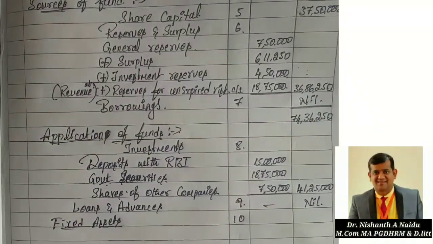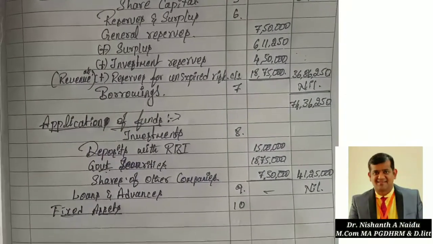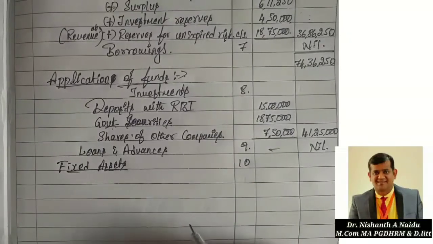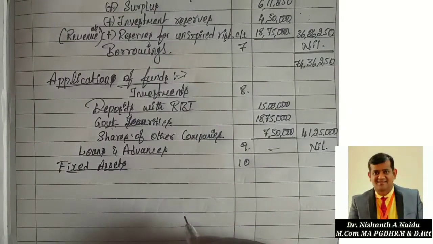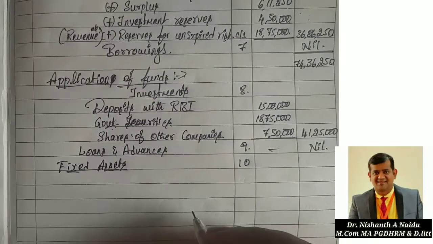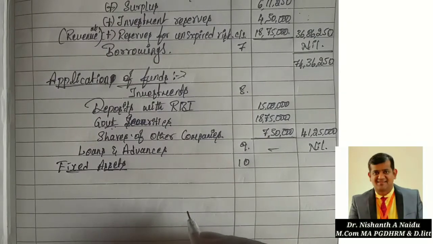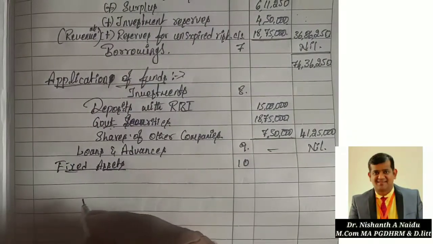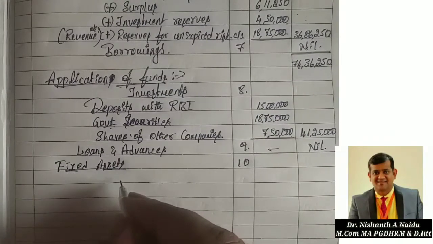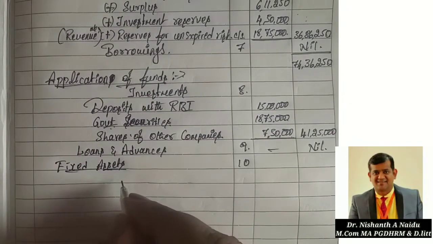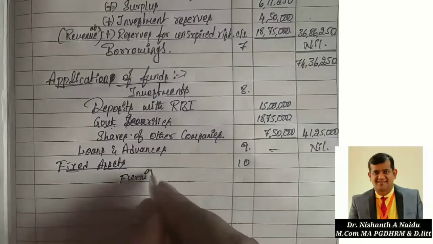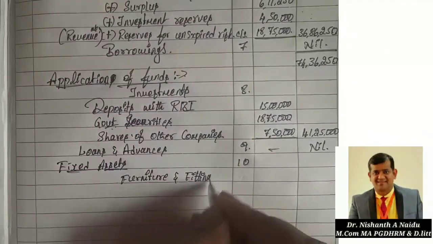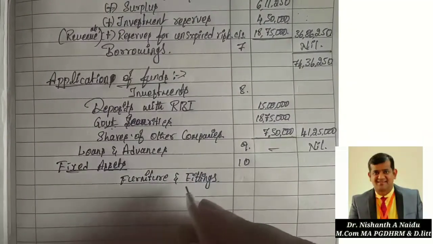Schedule number 10. Okay. So what are all the assets we have in the business? That all we should record under this. So I believe you also know which are all fixed assets. So check out. So from the last one in the credit side of the table, furniture and fittings is there. First I'm writing that. So furniture and fittings. So how much amount he has given? 1,20,000.